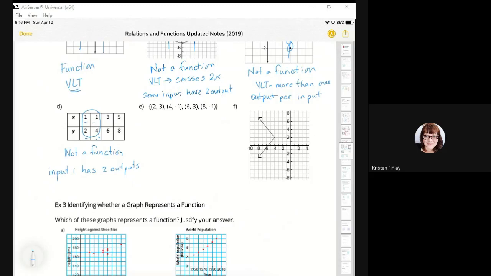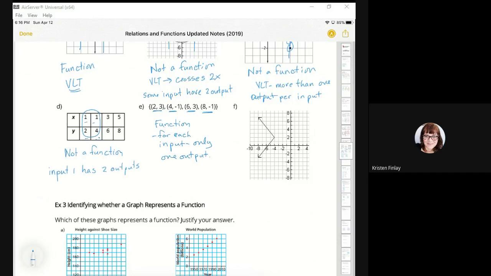All right. Next one, I have 2, 3, 4, -1, 6, 3, 8, -1. So I have only one option for each of my X values. So this would be a function. For each input, there's only one output. Okay.